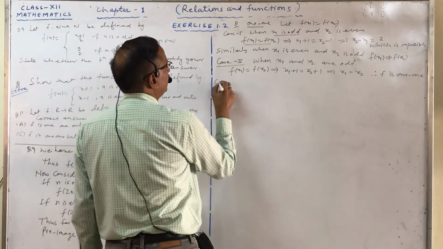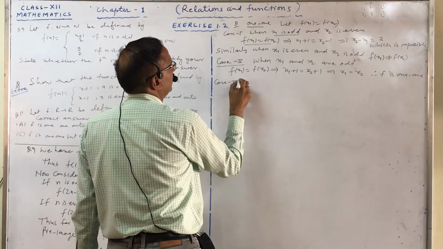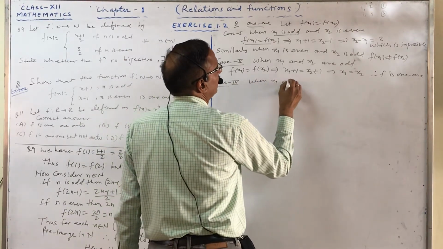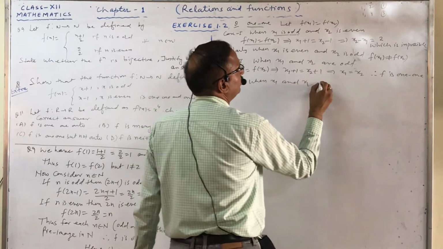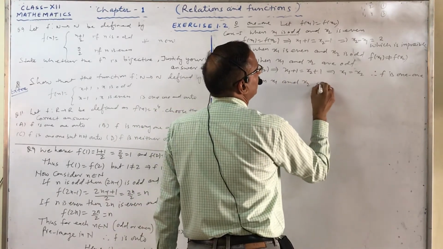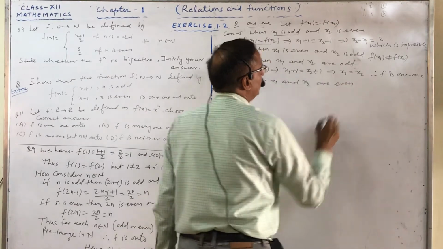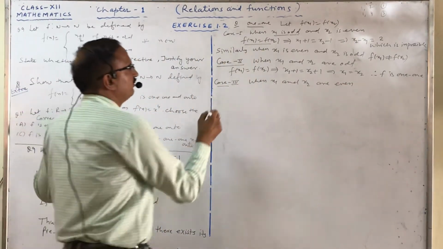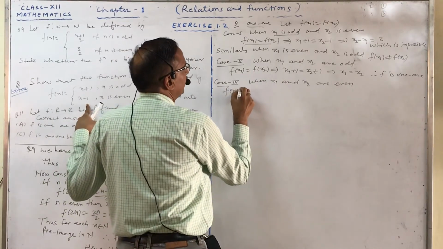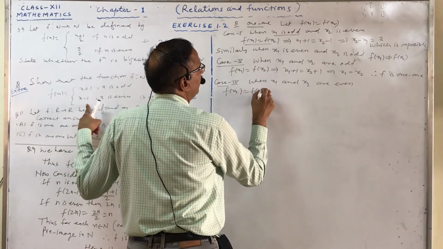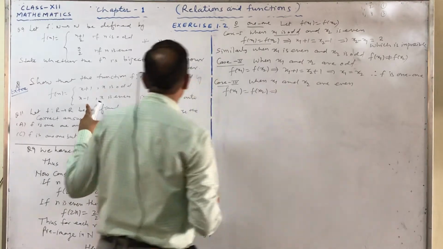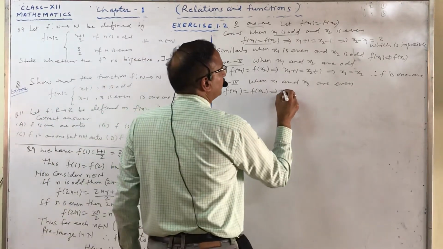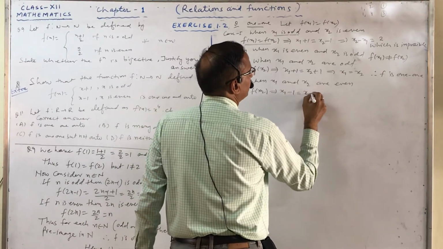Now consider the third case. Case third, when x1 and x2 are even. In this case, we will consider the second function. So we will write f of x1 equal to f of x2. Now put the values from the second function. We will get x1 minus 1 and x2 minus 1.